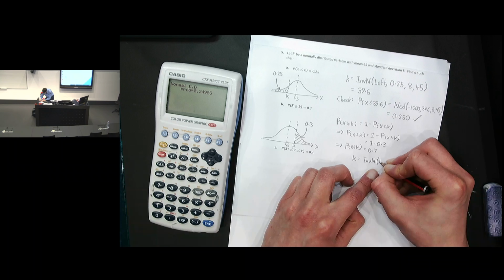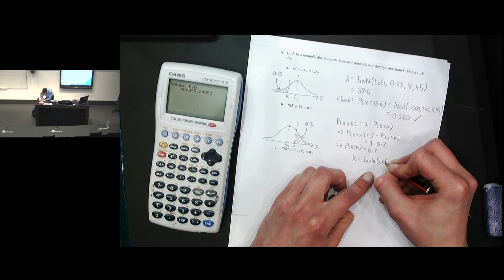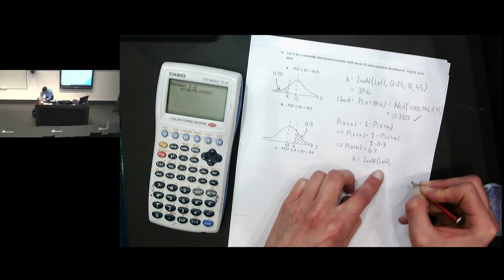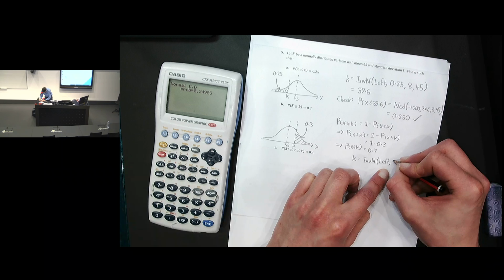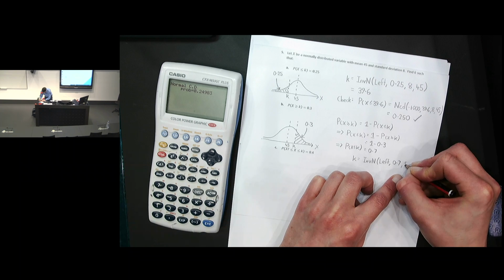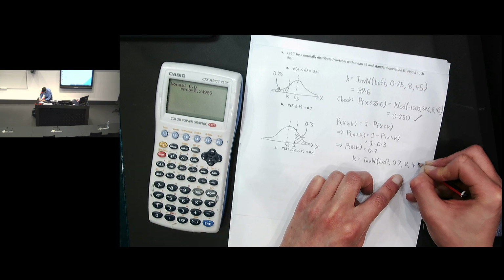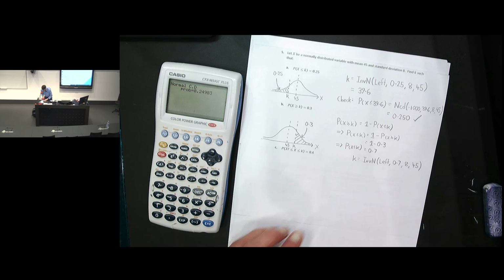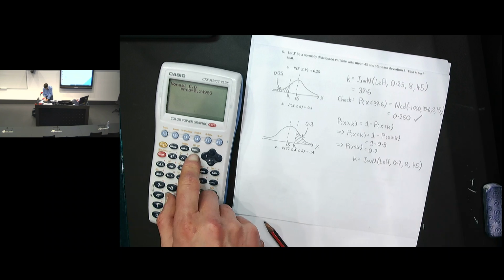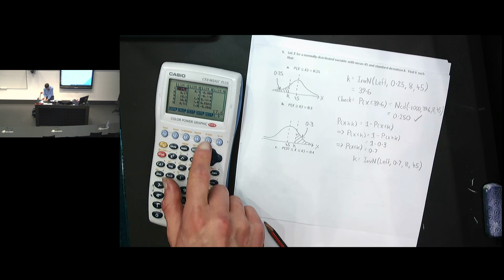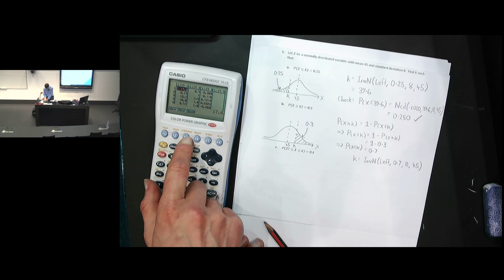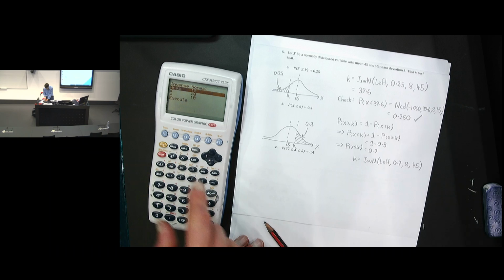On yours, if you're doing this on your calculator, you can just use left again. And then I need to tell it what the area is. It's 0.7. And the standard deviation is still 8 and the mean is still 45. So let's drop those into the calculator. I go back to dist, go into norm and look at the inverse normal.